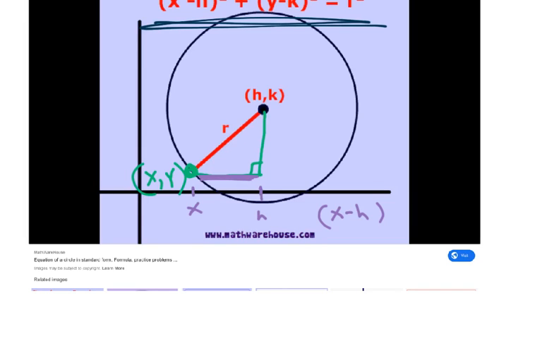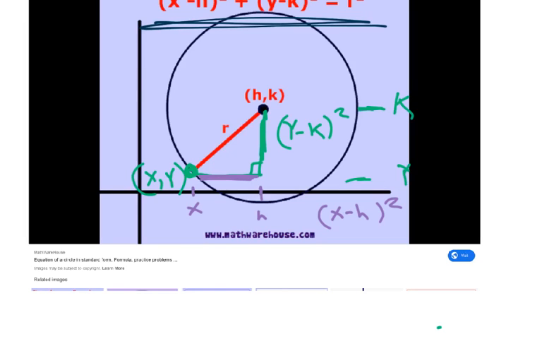And the y value, if this height here is k and this height is y, is k minus y or y minus k. Again, it doesn't matter because you're going to square it, and so it'll become positive no matter what. So the way that this picture is drawn, you may subtract differently, but it doesn't matter.